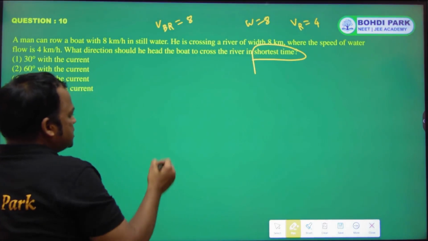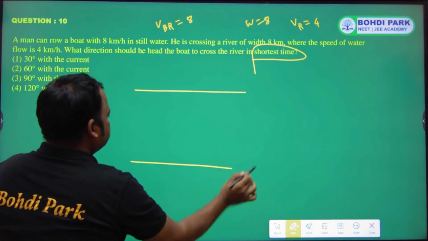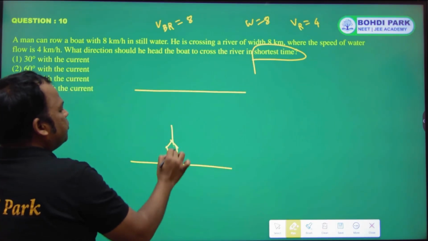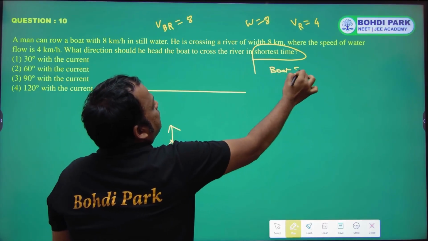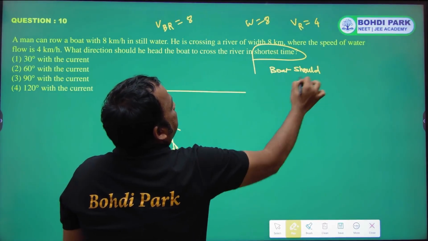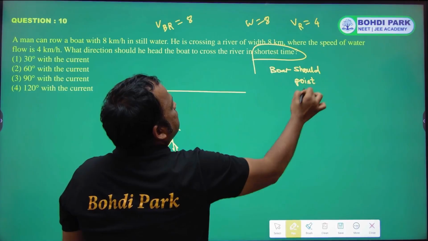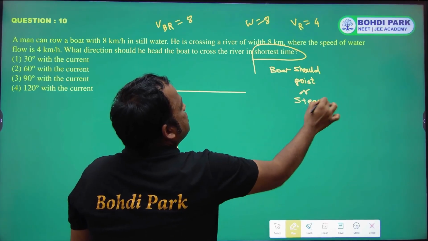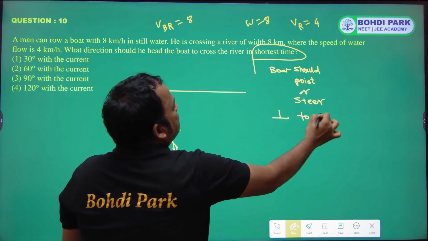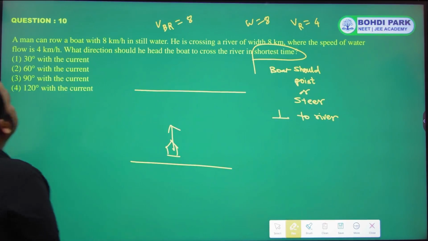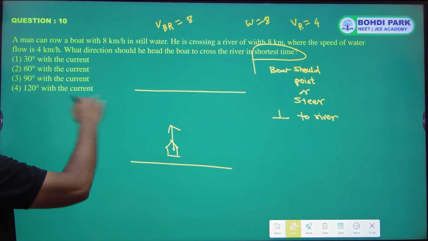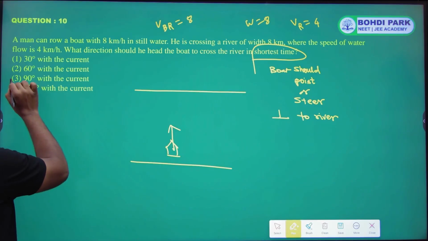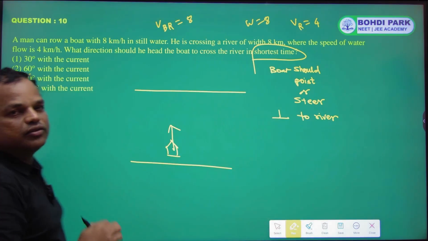So for shortest time, the boat should point perpendicular to river. Boat should point or steer perpendicular to river current. So 90 degree with the current. Okay, so done.